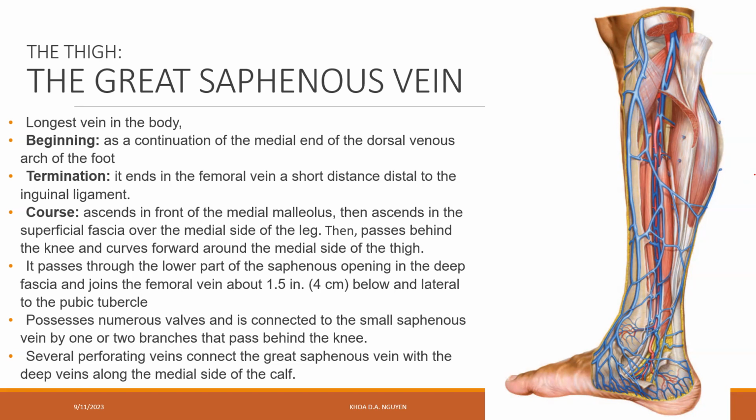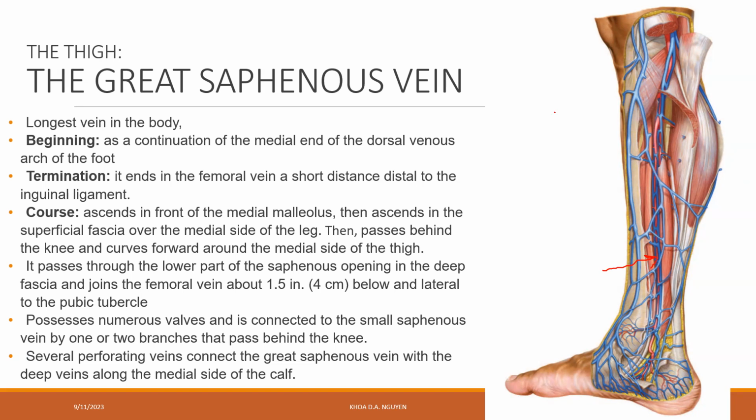How about the lower limb? The lower limb is actually the opposite story. The superficial veins on the lower limb do not transport the majority of blood back to the heart. It is the deep veins that are important as the main method of transport back to the heart. The great method of venous return in the lower limb is going to be the deep veins.